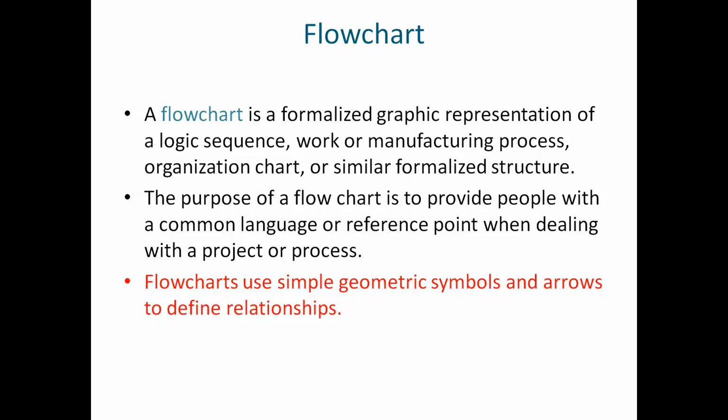A flowchart is a formalized graphic representation of a logic sequence, work or manufacturing process, organization chart, or similar formalized structure. The purpose of a flowchart is to provide people with a common language or reference point when dealing with a project or process. Flowcharts use simple geometric symbols and arrows to define the relationships.